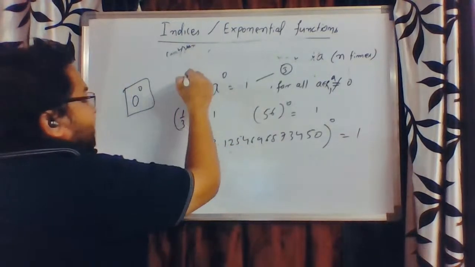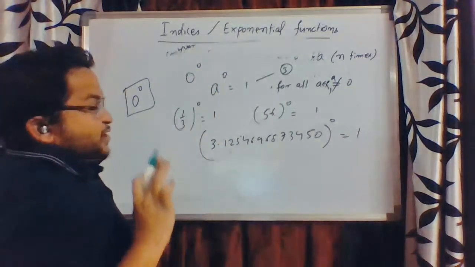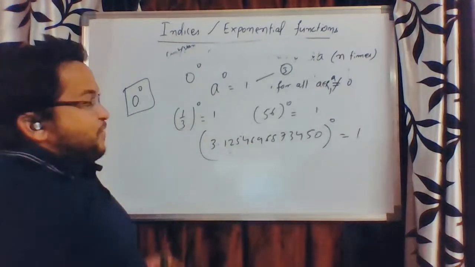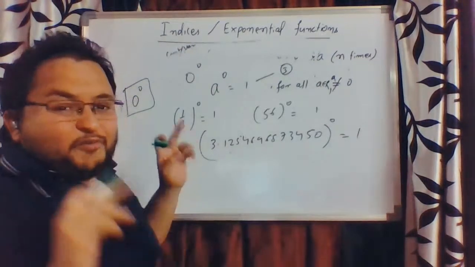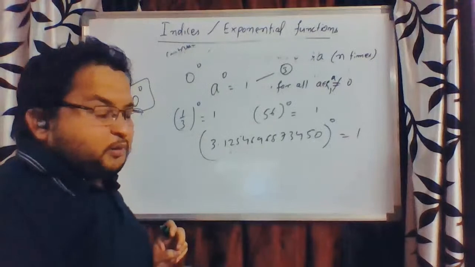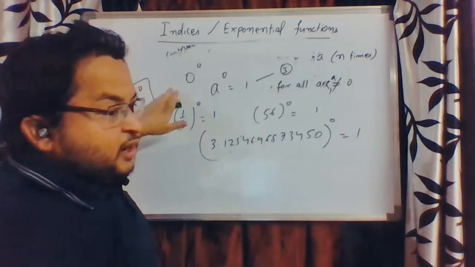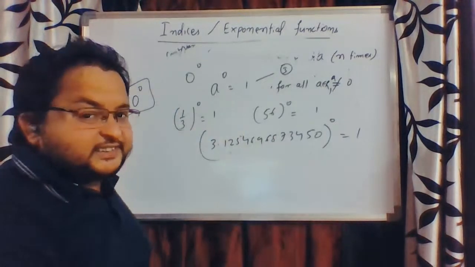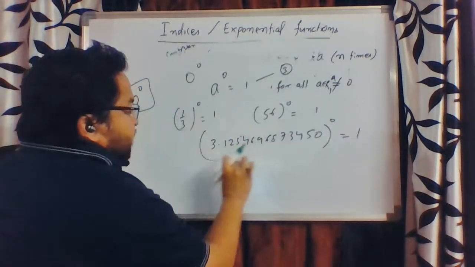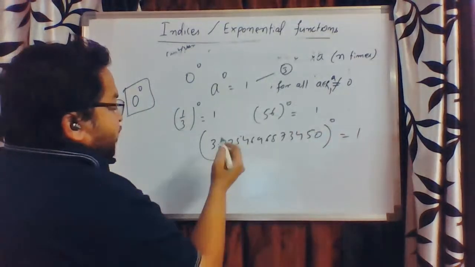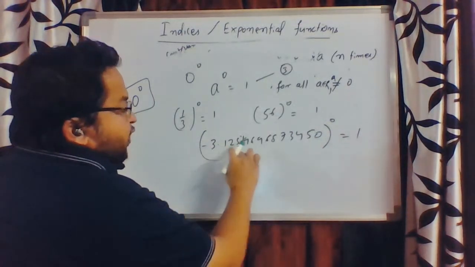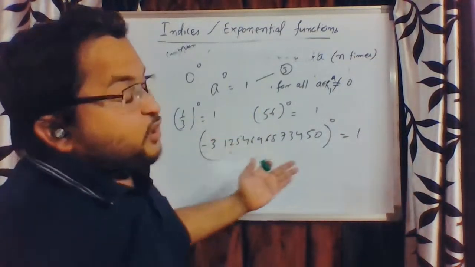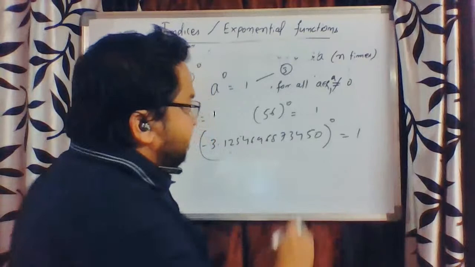But if I say 0 to the power 0, if by chance you come across this, you can still write 1. That's okay, but with the caveat that this is beyond the scope of this discussion, and I would leave it for a higher studies discussion. So any non-zero number raised to the power 0, for example minus 3.1256 and so on raised to the power 0, again the value would be 1. So this is our law number 3.